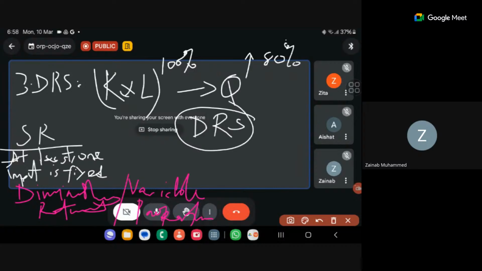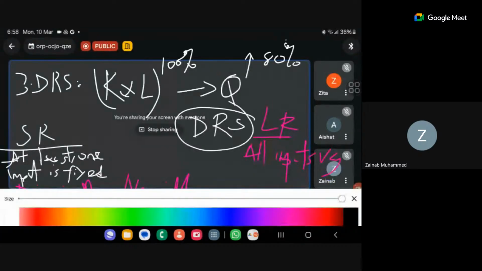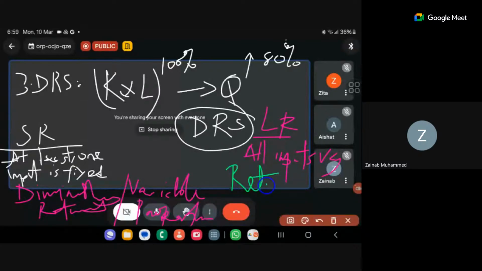In the long run, all inputs vary. Return to scale. And in both cases, they are divided into three.